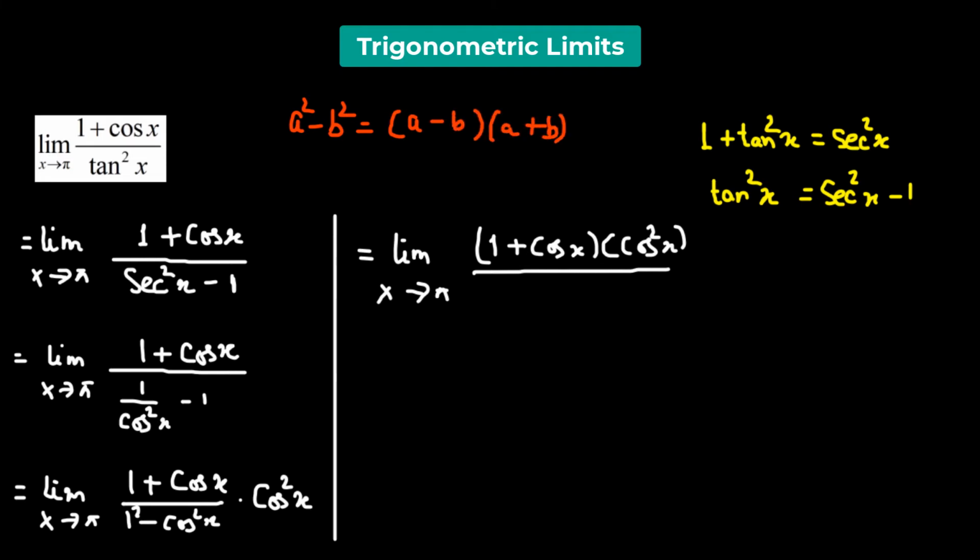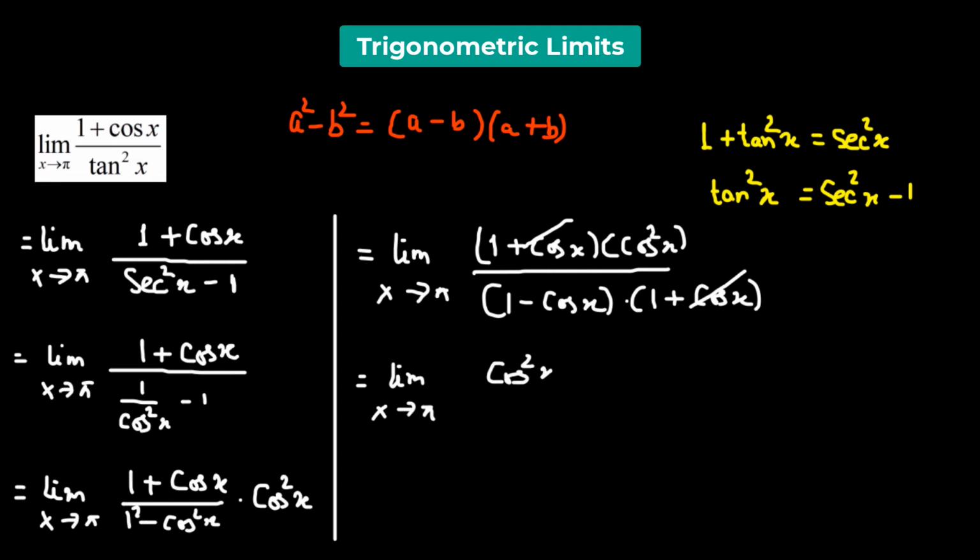So let us apply that, and this is going to give us (1 minus cosine of x) multiplied to (1 plus cosine of x). So we can now factor out 1 plus cosine of x from both the numerator and the denominator, leaving us with cosine squared x in the numerator divided by 1 minus cosine of x in the denominator.